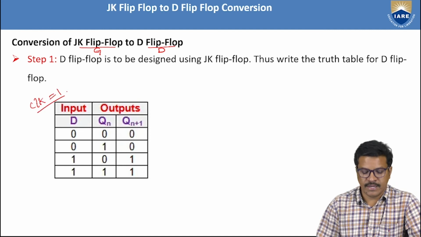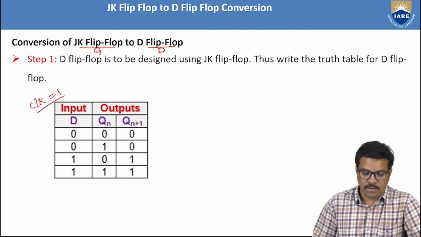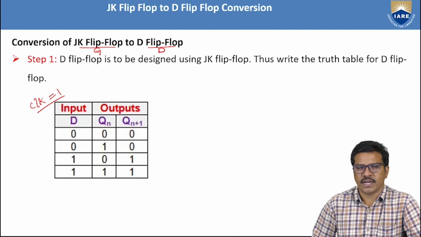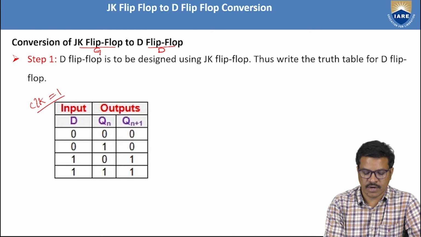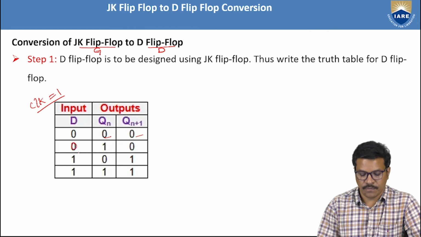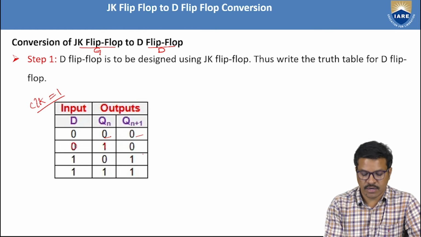When the clock is high and D is 0, the same D is passing through to the next state, whatever the present state. Present state 0, next state 0. So D is 0. If the present state is 1, the same D is passing to the output in the next state. D is 1, present state 0, next state is the same 1 at the output.